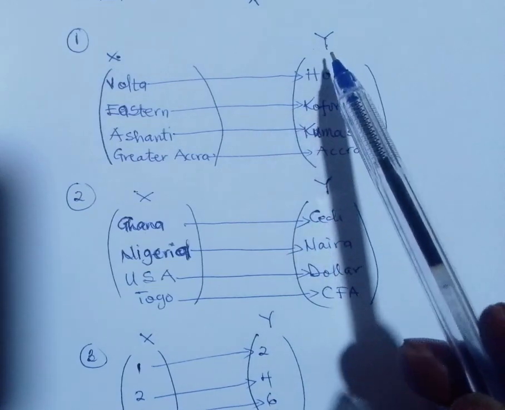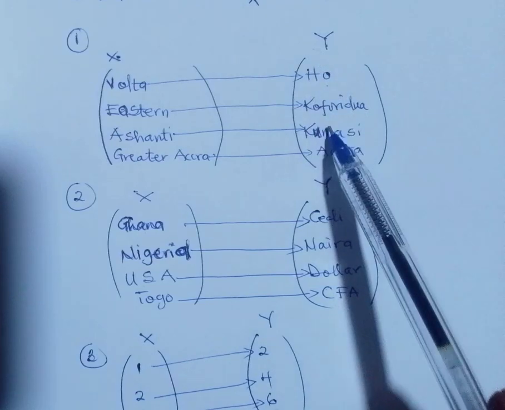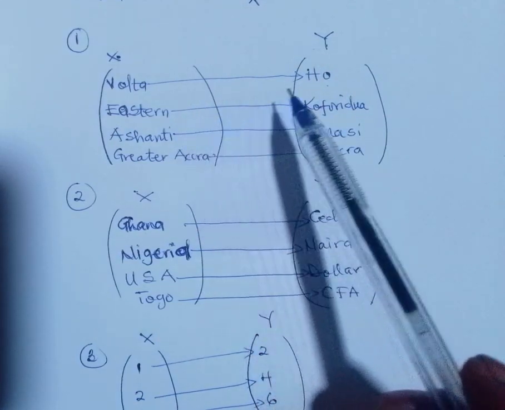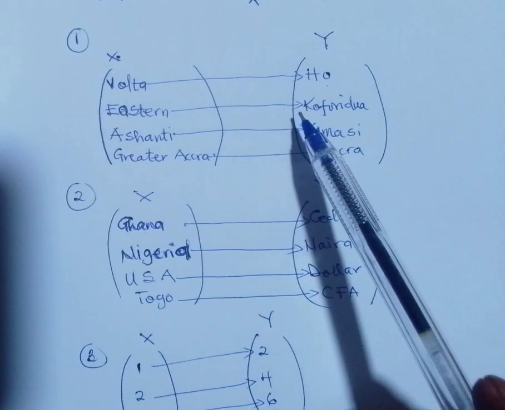Y is the capital town, or the capital cities of the regions. So the rule here is the capital of. Have you gotten that?